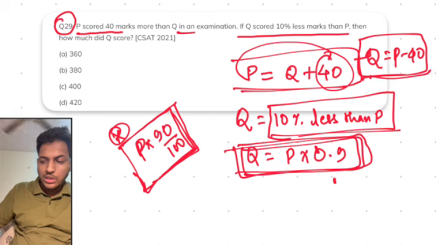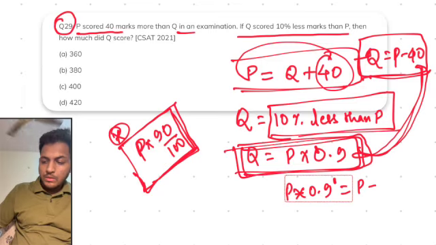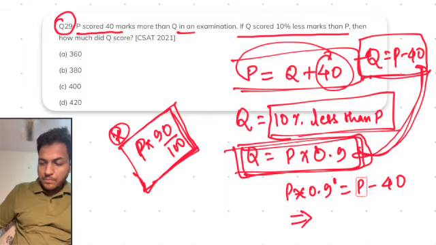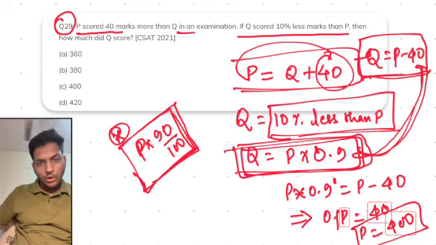I will equate these two and write P into 0.9 is equal to P minus 40. This simply gives me 0.1 P is equal to 40. That means P is equal to 400. Is this okay? P is equal to 400.